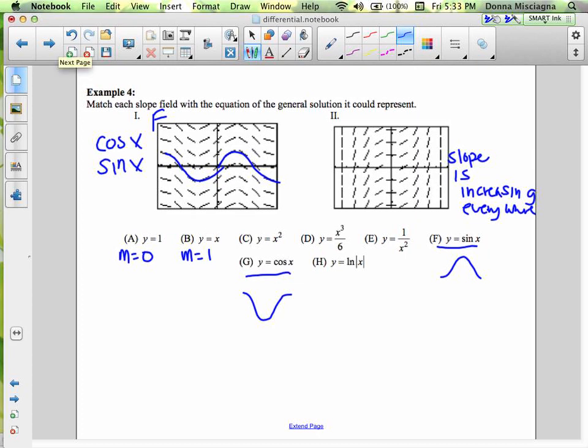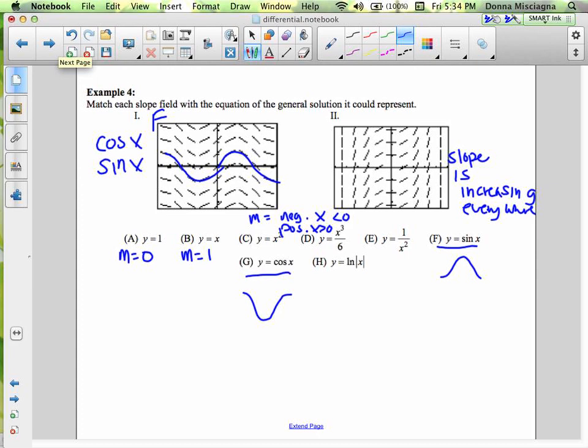This one is decreasing and then increasing. So my slope is going to be negative for x less than 0 and positive for x greater than 0, right? Because it decreases and increases.